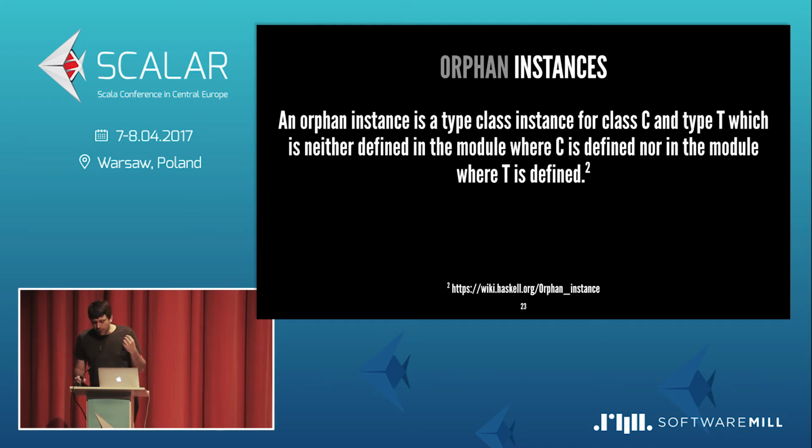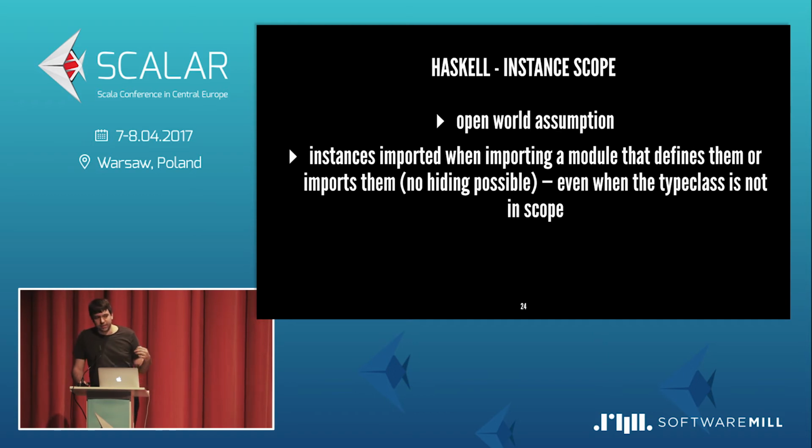So in Haskell, the idea is pretty simple. There's no implicit resolution system, and that's the so-called open world assumption. So an instance of a type class that you define anywhere will be passed down to all the modules that inherit it, and it flows through those imports. So if you have a chain of imports that at some point end up importing some module at the top, you would see any type class instance you've defined there.